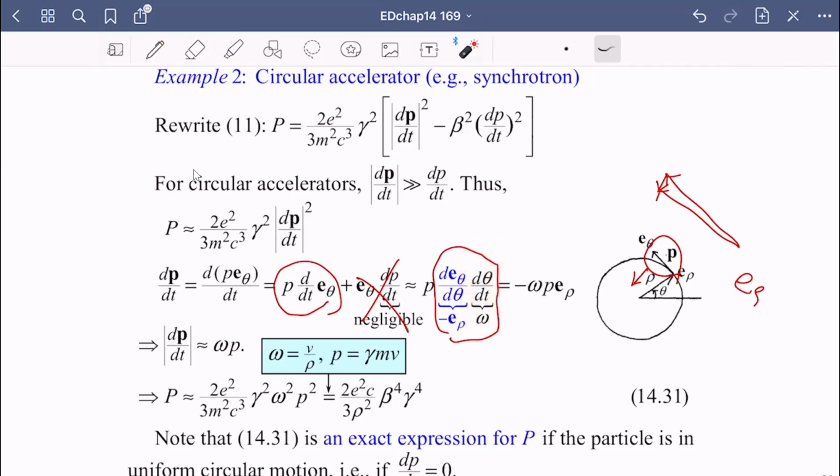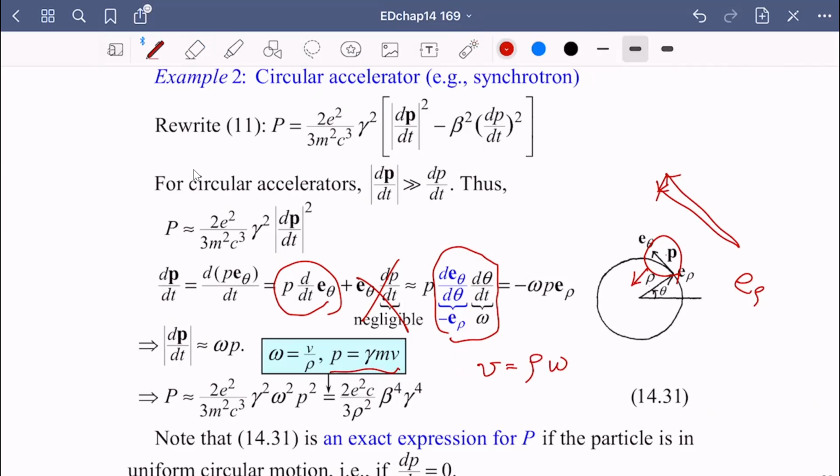So it becomes minus omega P E rho. And so the dP dt will be, in absolute value, just omega P. And omega is V divided by rho. V is the velocity. That's the angular frequency. P is gamma mv.